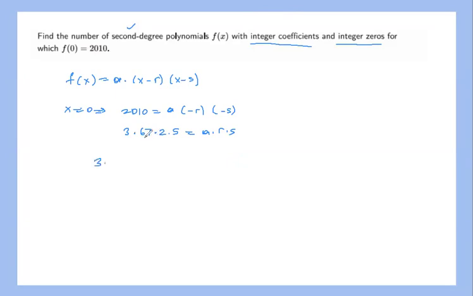And then this 67 can be part of a, r, or s, so we have 3 options for this one as well. And then for 2 and 5, we have 3 options for each of these as well. So which is going to be 3 to the 4th power. So we have 81 ways to assign these numbers into one of those 3 numbers.